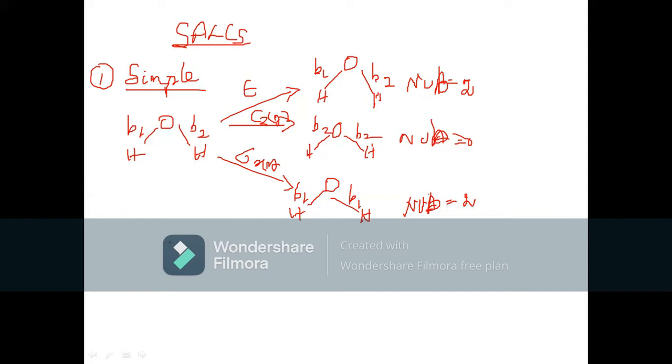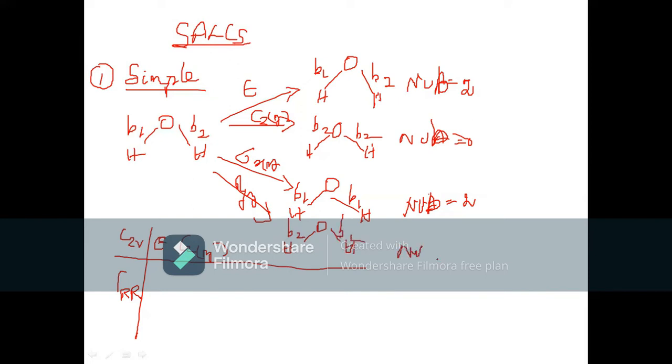So now if I am going to frame a reducible representation by using this, it's going to be E, C2, and one more operation I forgot, sigma yz, where B2 is going to come here and B1 is going to come here, so the number of unshifted bonds is equal to 0.